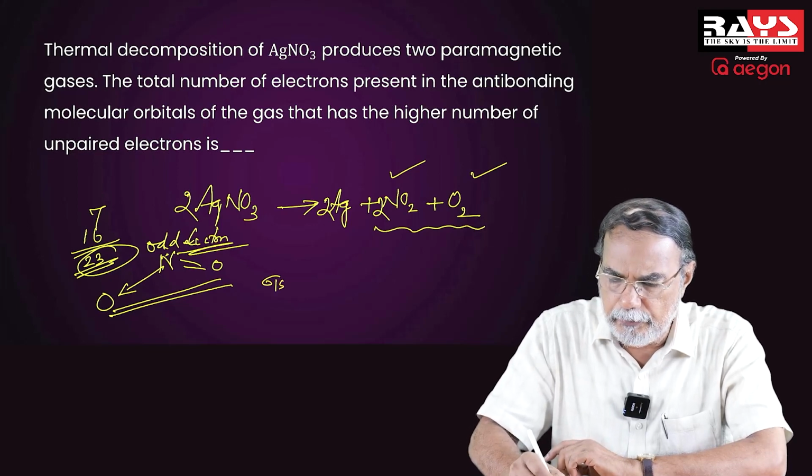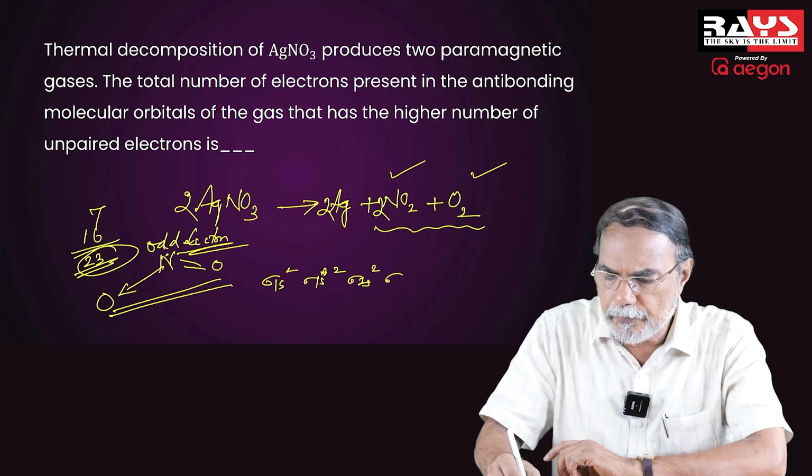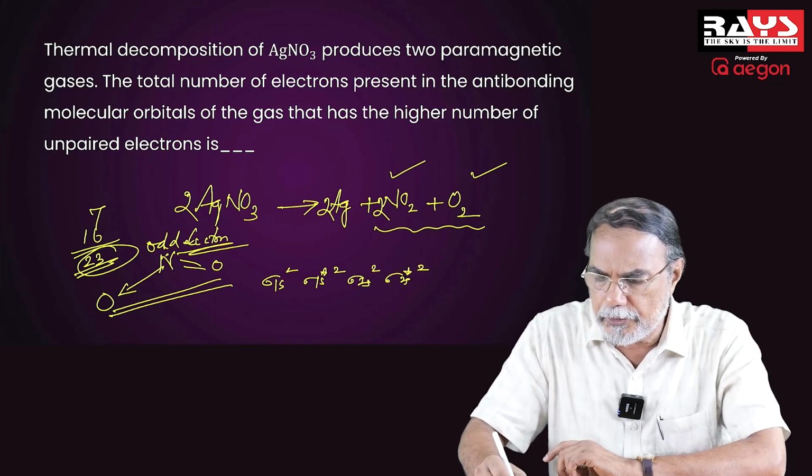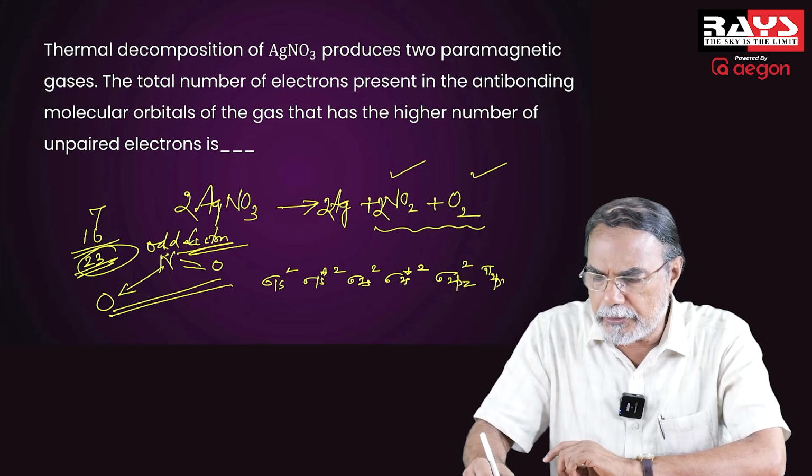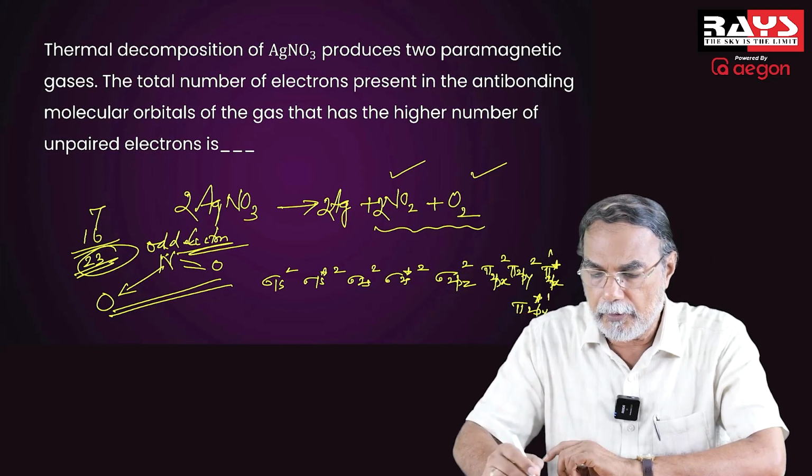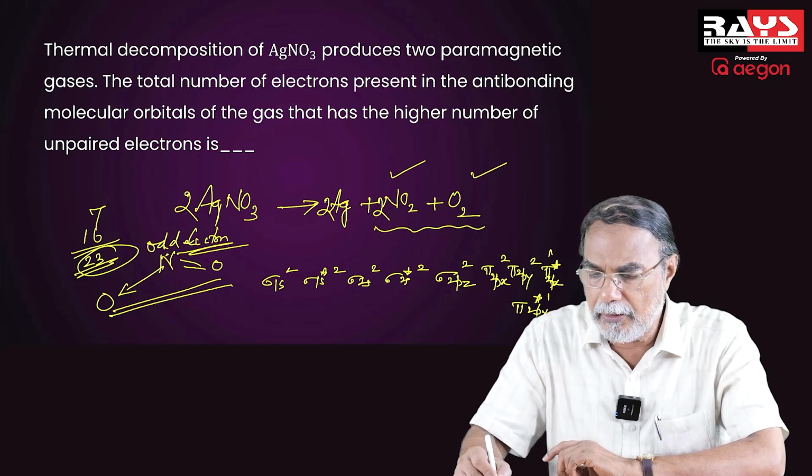It is sigma 1s2, sigma 1s star 2, sigma 2s2, sigma 2s star 2, then sigma 2pz2, then pi 2px2, pi 2py2, and then pi 2px star 1, pi 2py star 1. 2 plus 2, 4, 6, 8, 10, 12, 14, 16.